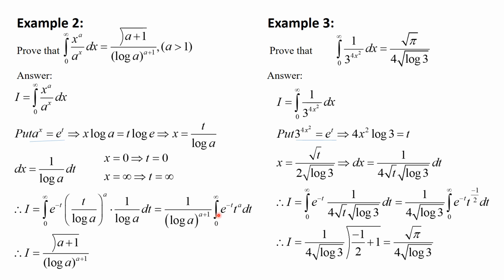Simplify the integral, which gives e raised to minus t, t raised to a integral with respect to t from the limit 0 to infinity. This definite integral is nothing but our gamma function of a plus 1, and hence gives our required result.